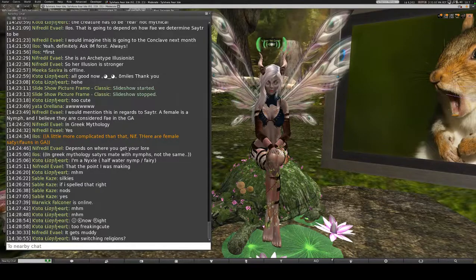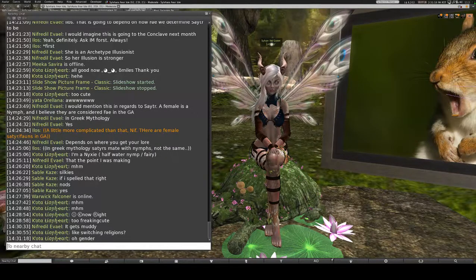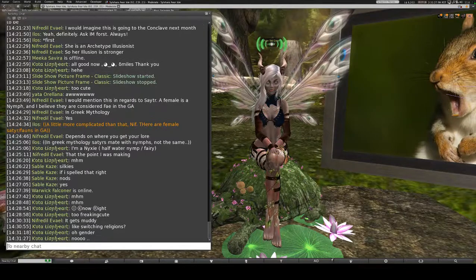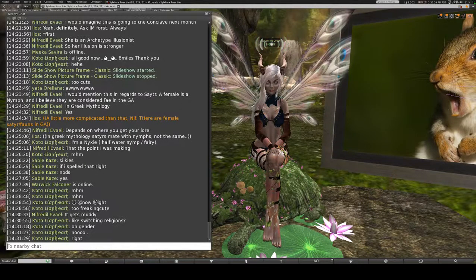It's more, actually, I'm going to put it more along the lines of switching ethnic background, if that makes sense, or gender. Because I don't want this to come out sounding wrong. Like, it's doable, you can do it, right?